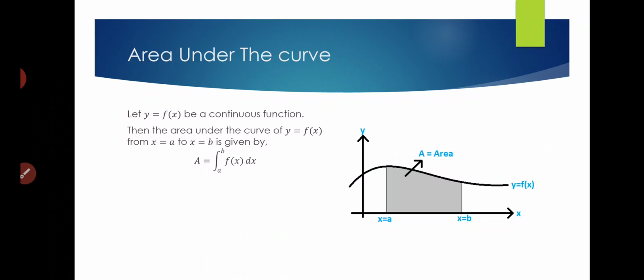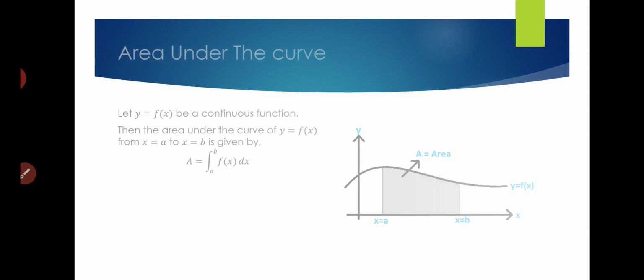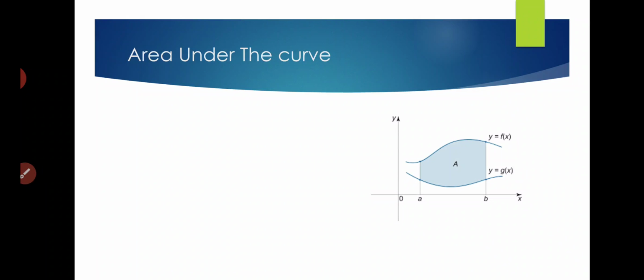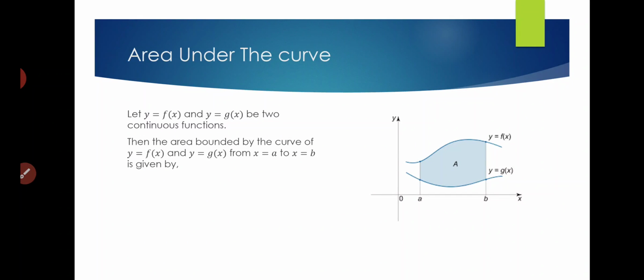Now, if instead I have two curves, and I'm trying to find out the area bounded between the curves from x equals a to x equals b, then the area is represented by integration a to b (f(x) minus g(x)) dx. Fine. So that's what the theory of this chapter is.